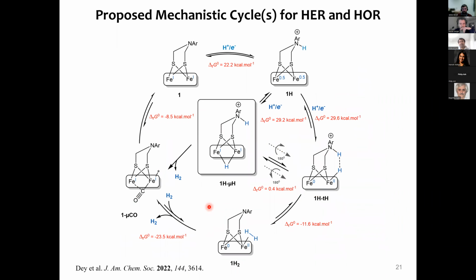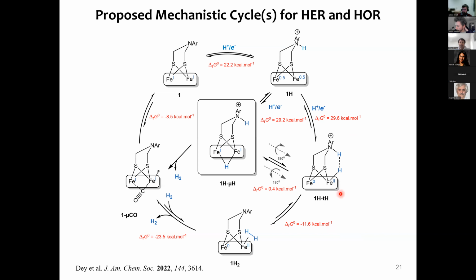Next, based on the experimental data and DFT calculation, we proposed the mechanistic cycle for hydrogen production and hydrogen oxidation. And it is like the complex 1 is first reduced by 1 electron and proton to form this protonated reduced species, which is again reduced by 1 electron in presence of proton to form this mixed valent protonated iron hydride species, which is energetically uphill by 29 kilocalorie per mole.